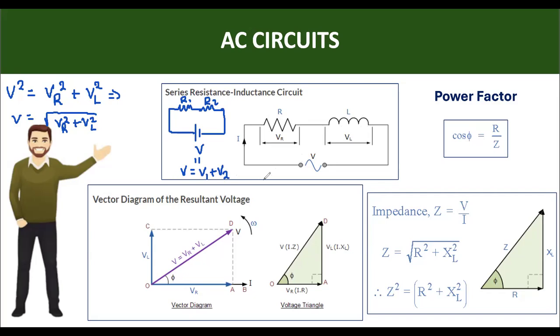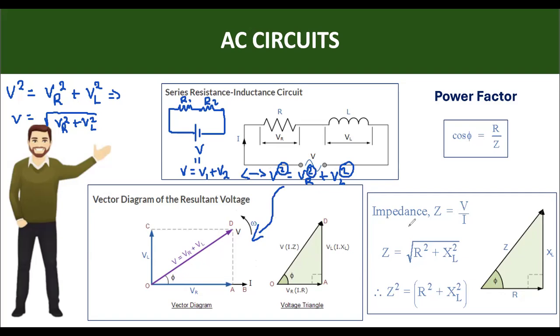You see, here I have V squared equal to VR squared plus VL squared. If we compare these two circuits, we can see that we use these squares here because we approach this with this rectangle, with the phasor diagram.